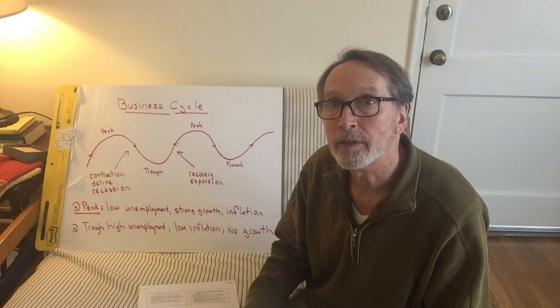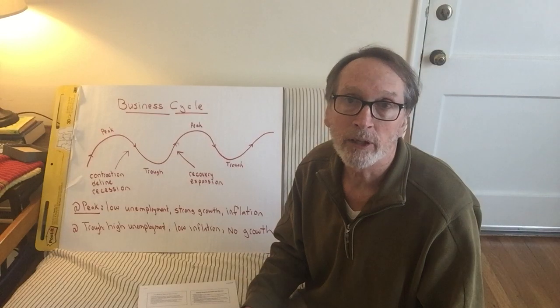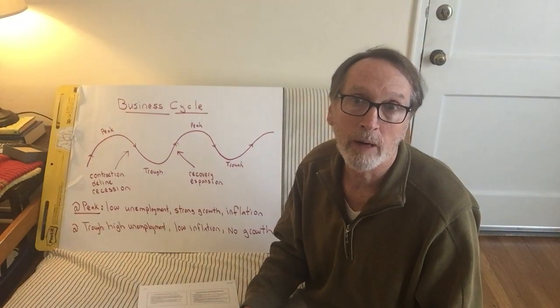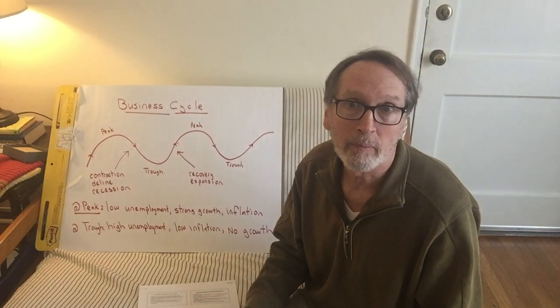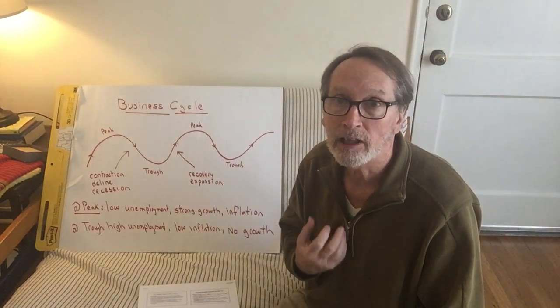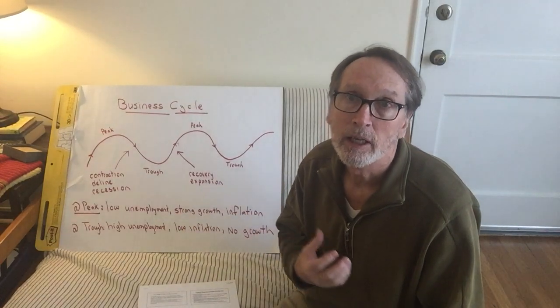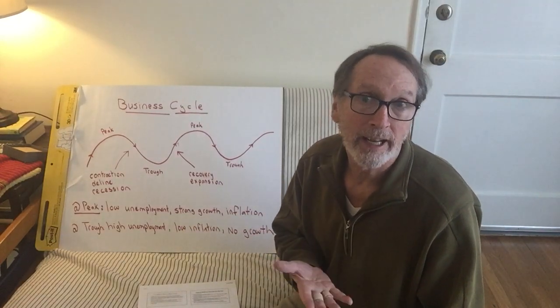The Federal Reserve Bank system sets something called the reserve requirement. The reserve requirement right now is about 10%. Banks have to hold 10% in reserve. They can't loan it out. They can loan out 90%, but they have to hold 10% for day-to-day operations, right?